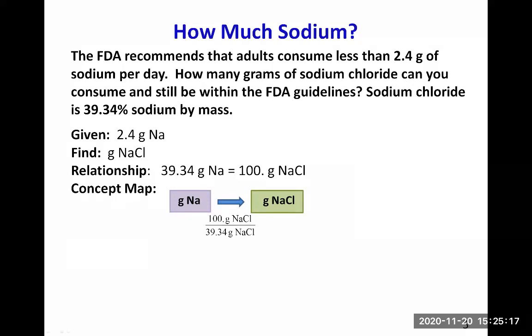It's not grams of NaCl on top, so let me fix this. The conversion factor is 100 grams of NaCl over 39.34 grams of Na, because we want to cancel the units of grams of sodium that are given in the given amount.